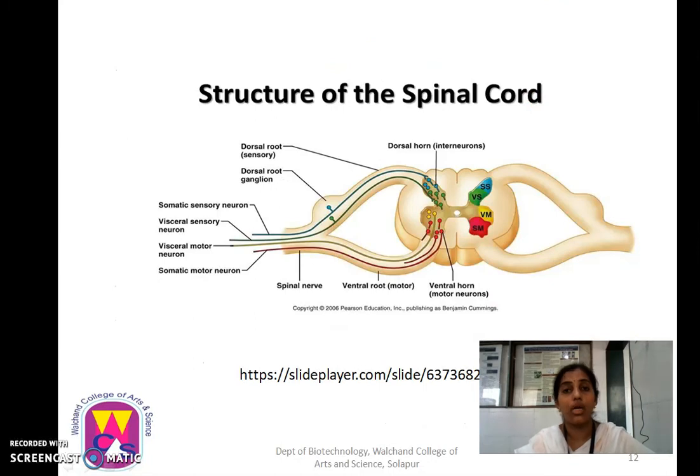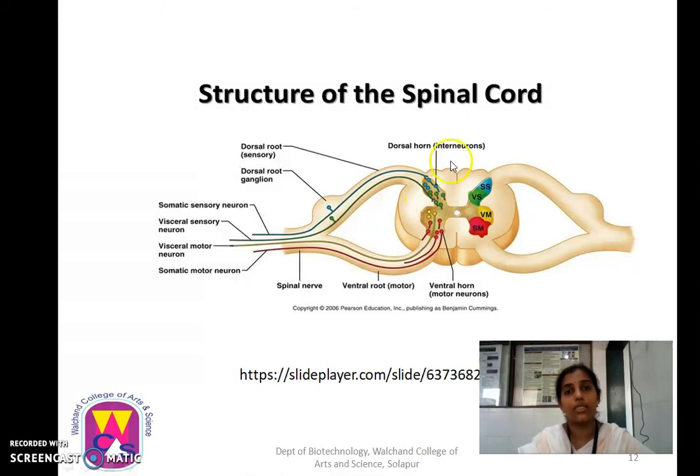So, what is the structure of the spinal cord? This is the actual spinal cord, which has a two-neuron structure called sensory neurons and motor neurons. Sensory neurons carry information from the body parts and pass it towards the spinal cord, that is, the central nervous system.